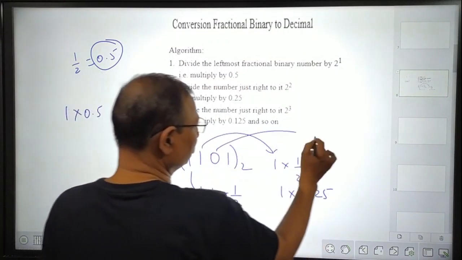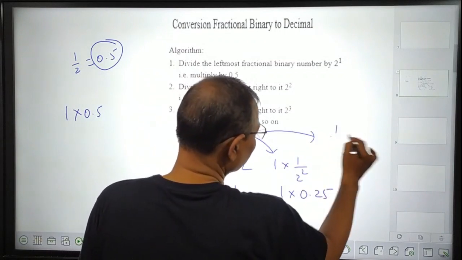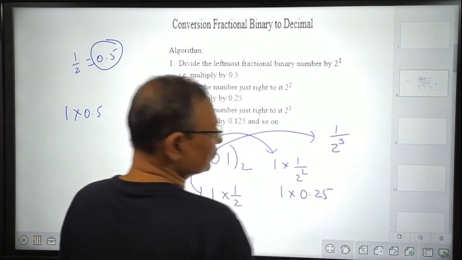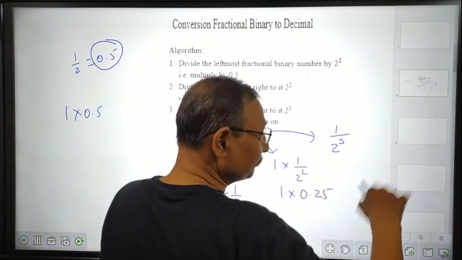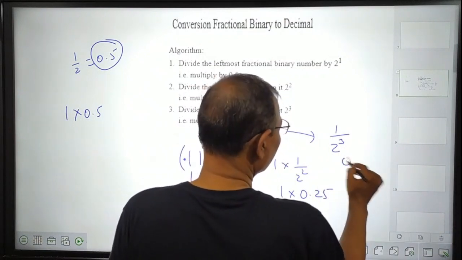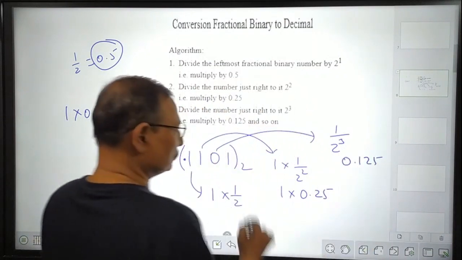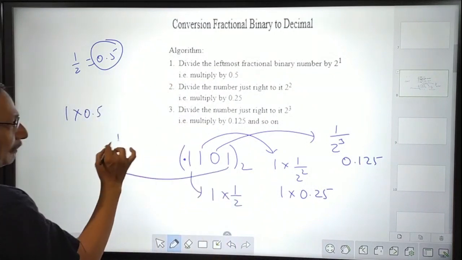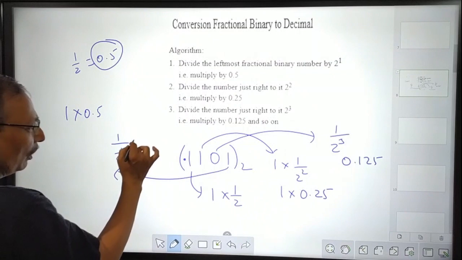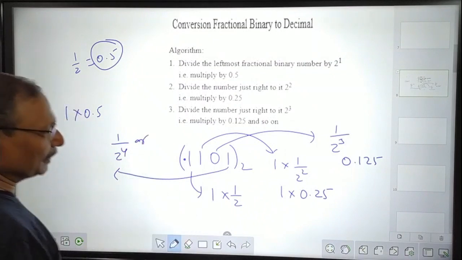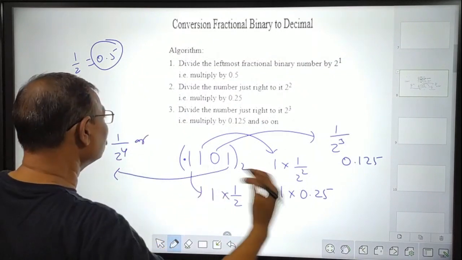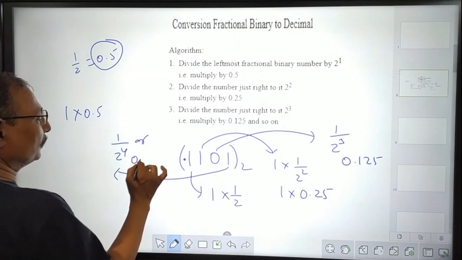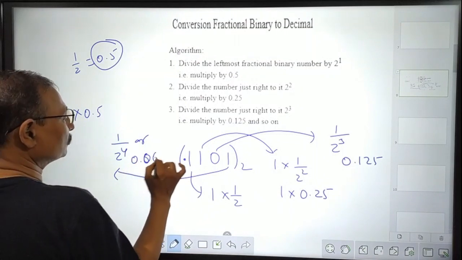And the next digit we can multiply by 1 by 2 cubed, or you can say 0.5 cubed, that means 0.125. The next digit is multiplied by 1 by 2 to the power 4, or we can multiply by 0.5 to the power 4, that means 0.0625.